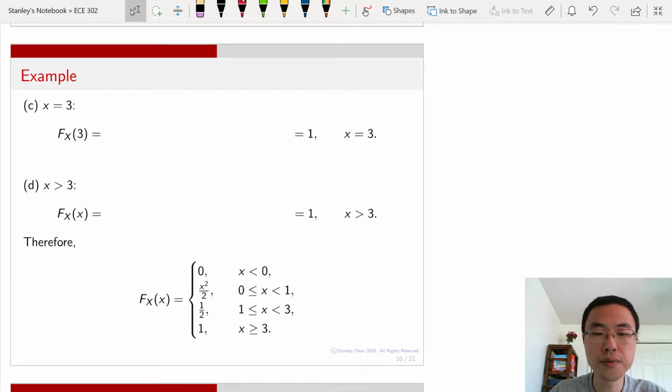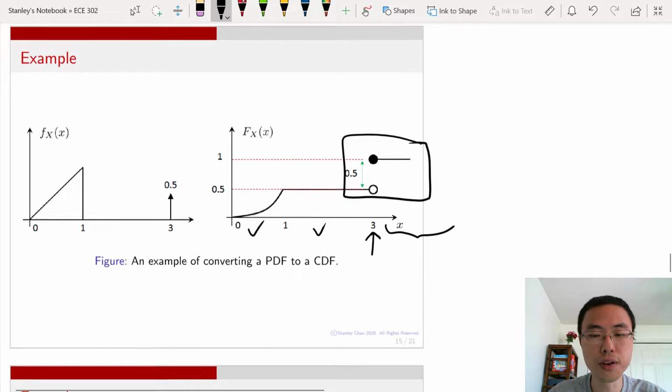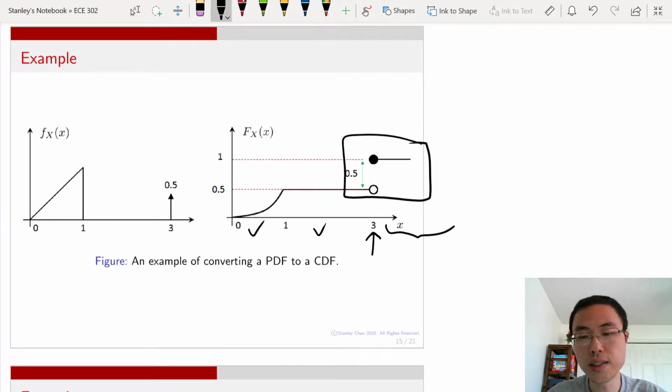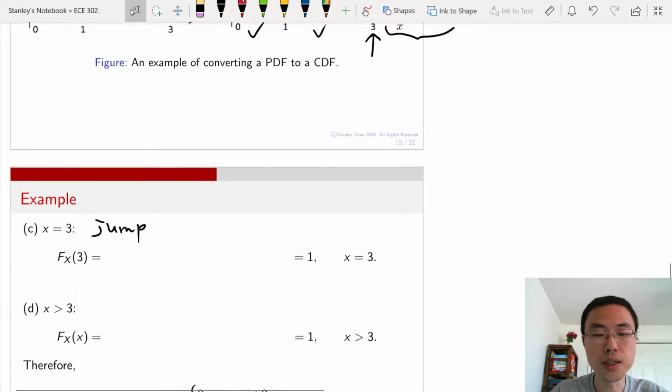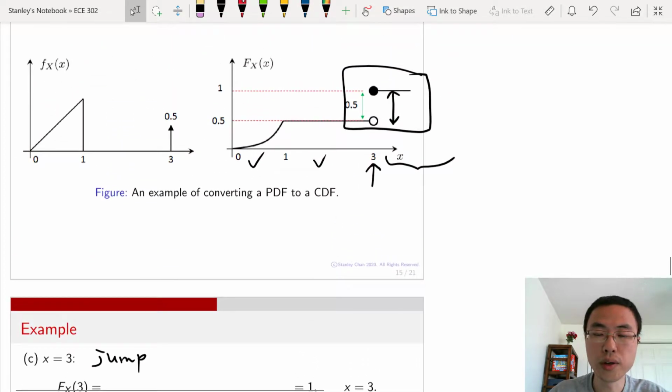Well, when x is at 3, it is actually a jump. There's a jump in my PDF. It's a delta function. And so in the CDF, I will also have a jump. The height of this jump is specified by this impulse. The impulse has a height of 0.5, and therefore this jump would be 0.5. And therefore Fx at 3 would be what? Well, here it is 0.5 already, right?